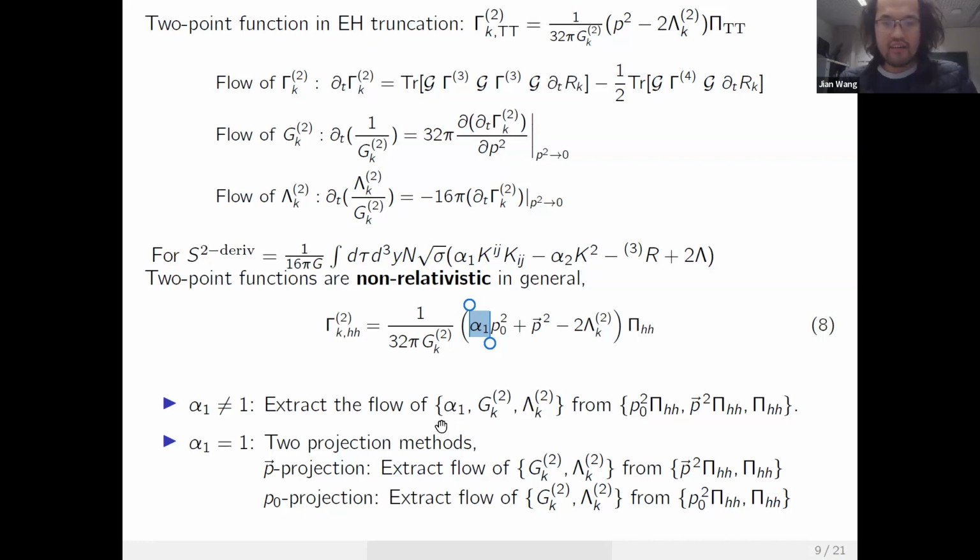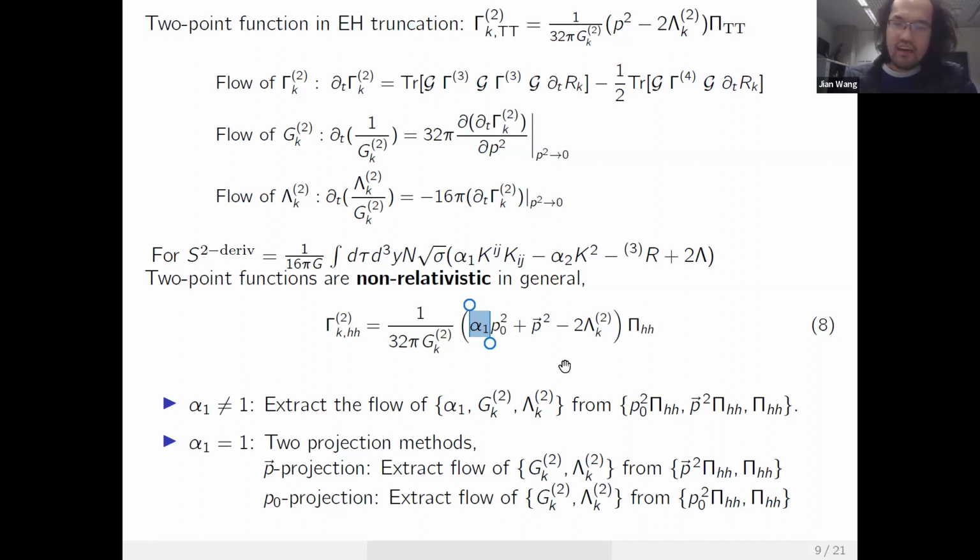For the second case, we can set alpha 1 to be 1, and then we just go to the covariant 2-point case. Now we have two couplings, the Newton coupling and the cosmological constant, but we have 3 tensor structures.